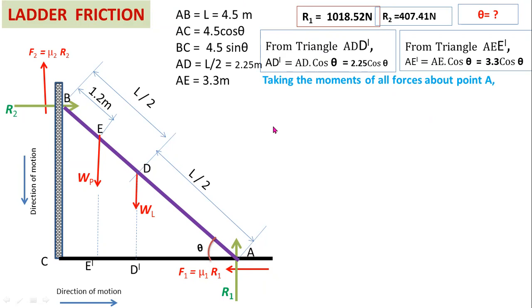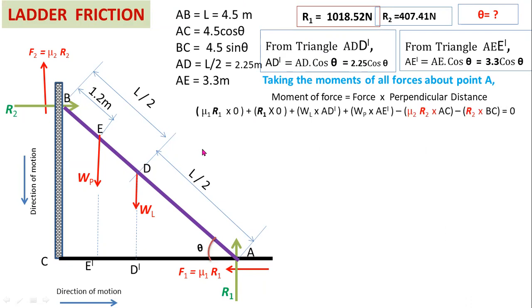Taking moments of all forces about point A. Already we know that moment of force equal to force into perpendicular distance. Here R1 and F1 forces, these two are the forces passing through point A, so there is no perpendicular distance.